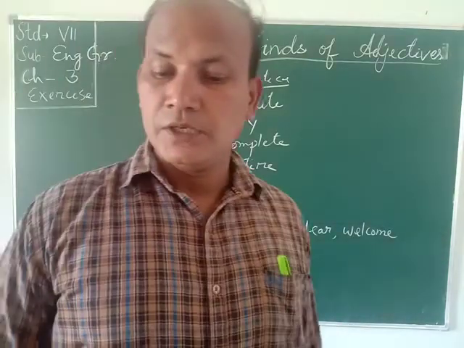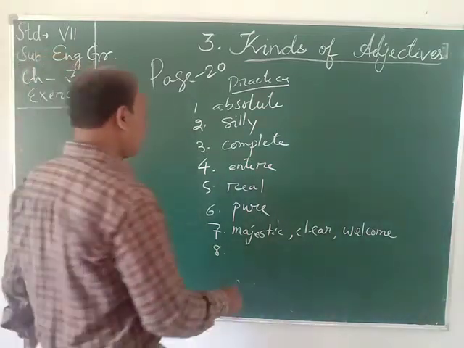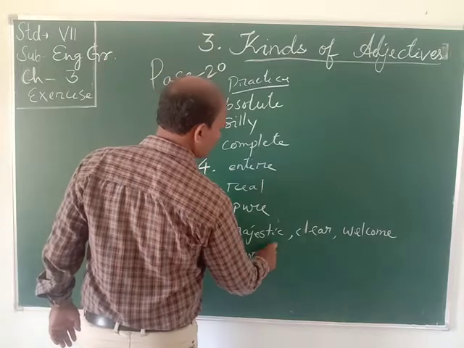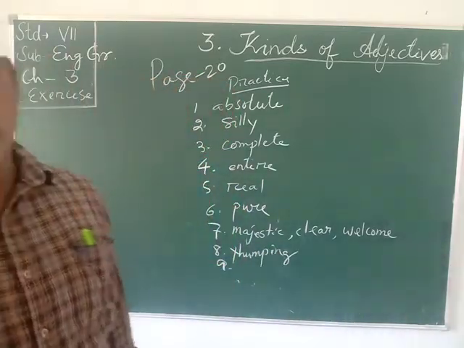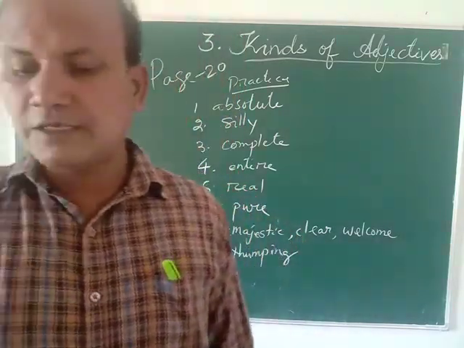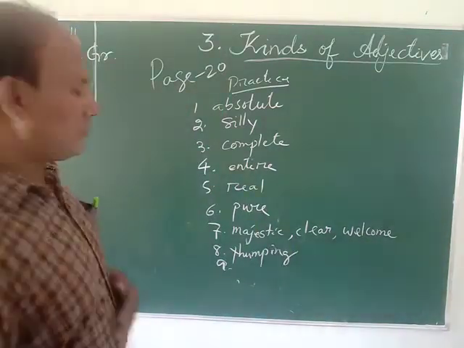Number 8, the party won the election with a thumping majority. Thumping majority. Number 9, the police asked the witness to give a true account.